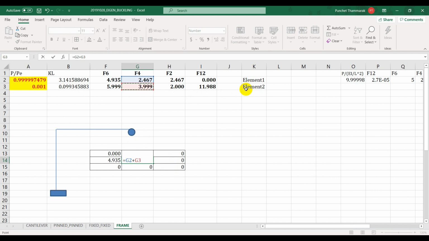Right now you don't have the same axial force. We will apply the load on the column downward like this. So the second element, you don't have axial force. So we need to take the entries from the second one.